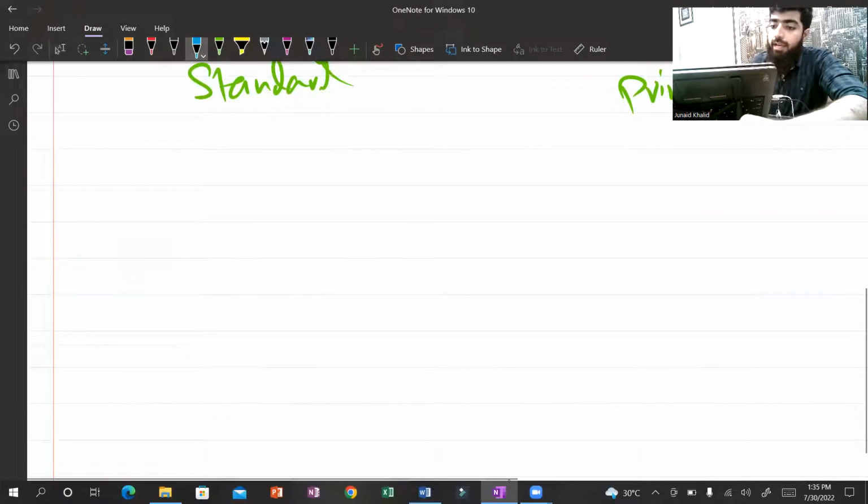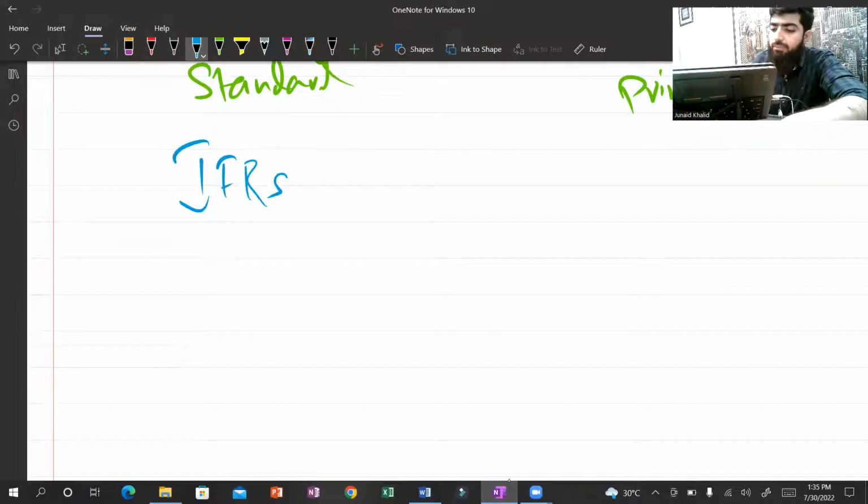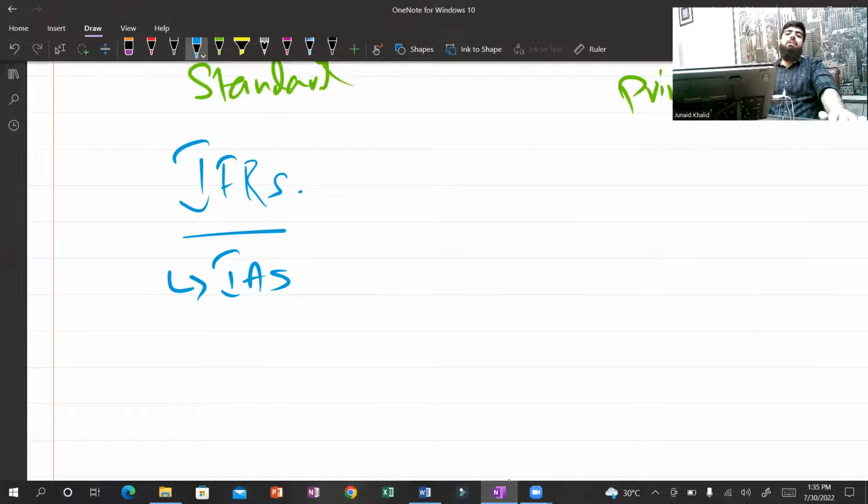Okay, IFRS, International Financial Reporting Standards. IFRS have different chapters, and these chapters are known as IAS. IAS stands for International Accounting Standard.